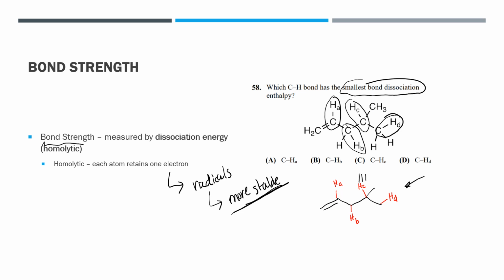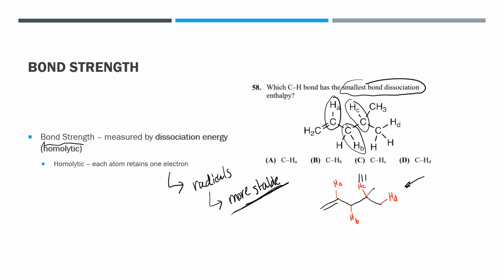So hopefully what you're trying to find is a little bit more clear. We're basically wanting to understand, when I dissociate, which bond forms the most stable radical.